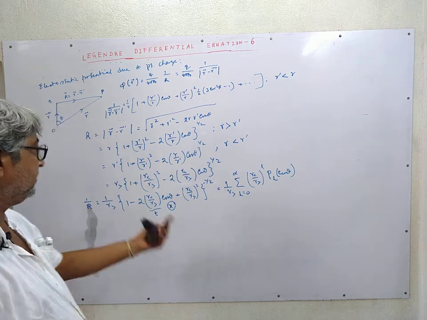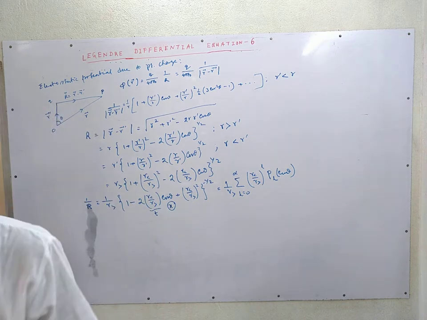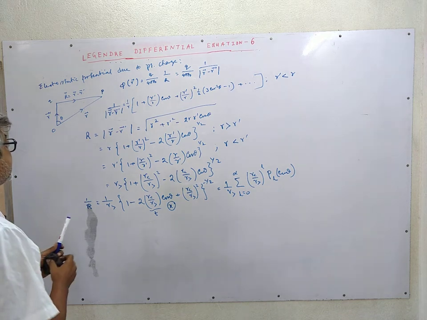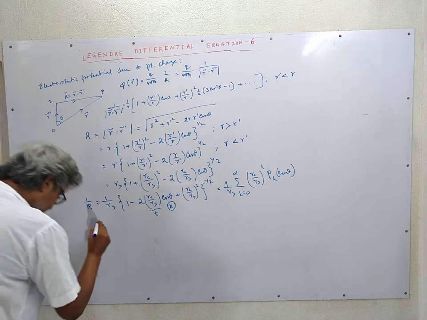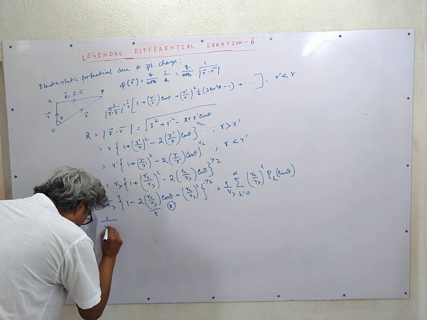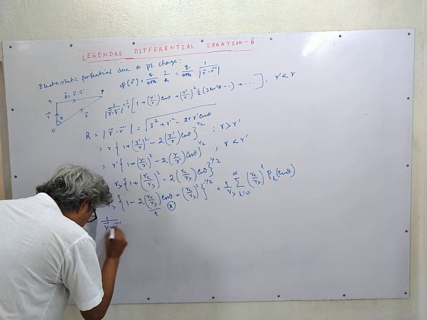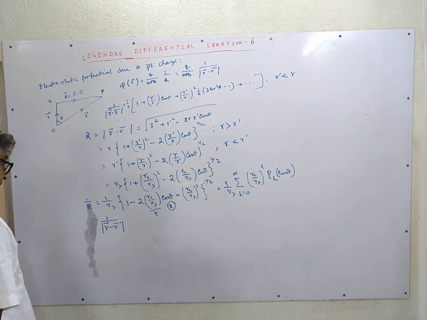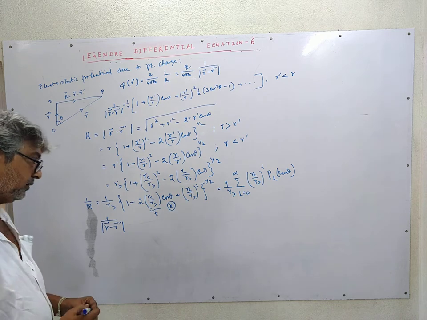So if we introduce the generating function of the Legendre polynomial, the multipole expansion of the electrostatic potential or the magnetostatic vector potential becomes very easy. In fact, any quantity of the form 1 by modulus of r minus r prime can be expanded in terms of Legendre polynomials.